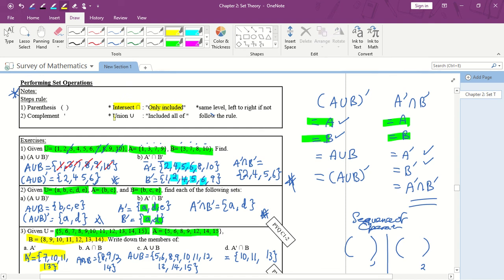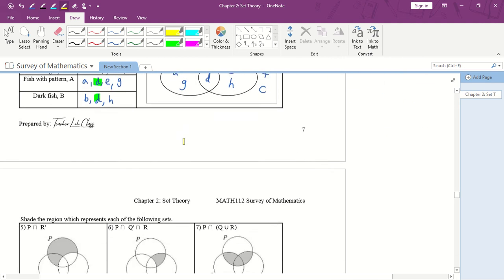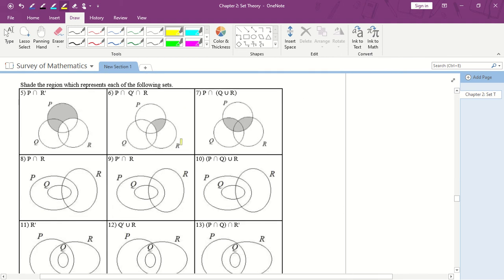When we talk about union, it means included all of. Again, intersect means only included, and union means included all of. Just remember that. And now we need to start shading the region.